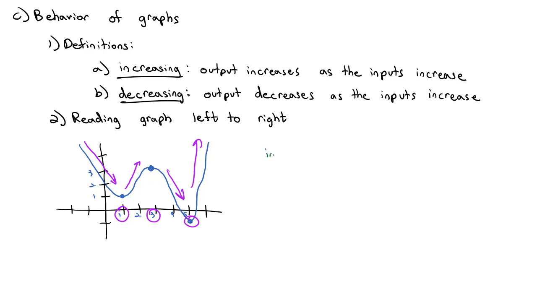So if I want to decide where the graph is increasing, it would be increasing wherever the person walking across the graph was going uphill. Where was she doing that? We always use x values to describe locations.